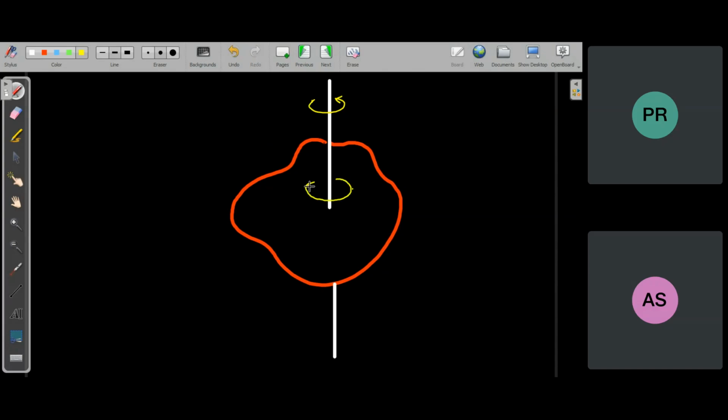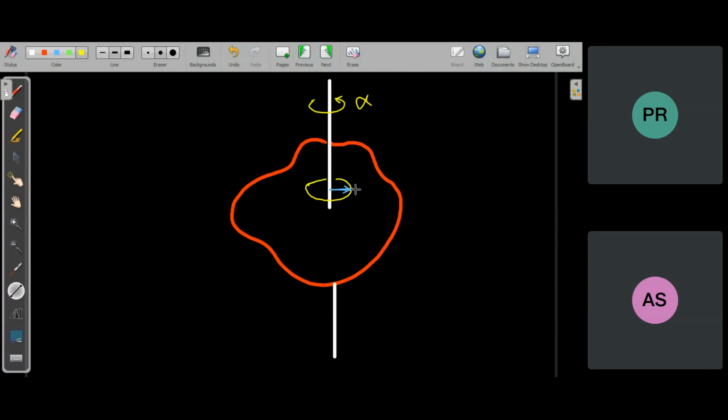When this particle is going in a circle, let's say the position vector of the particle is some r vector. If it is rotating with a constant angular acceleration alpha, this particle will have a tangential acceleration.